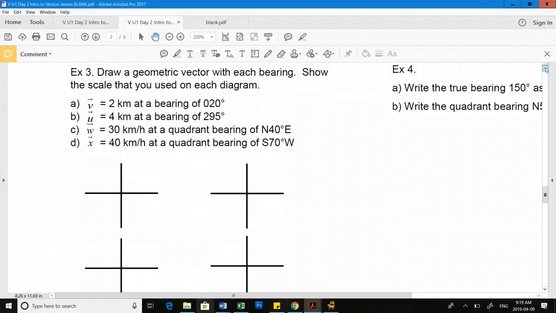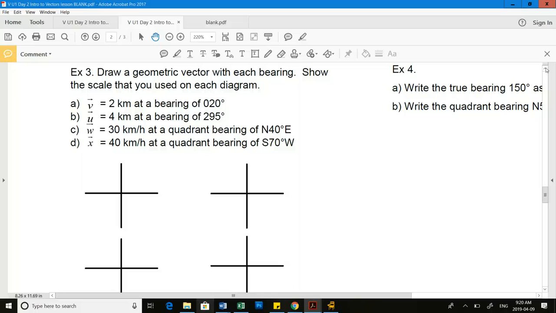Okay, so hopefully you guys have a ruler that you can maybe use. If not, you can do your best to create a scale ratio. Of course, I can't measure on here, so I'm going to do my best to create a scale. We are going to look at our different types of bearings, and then also create a scale here that we can use to draw our vector.